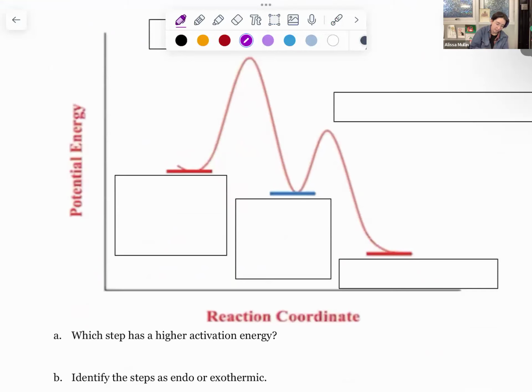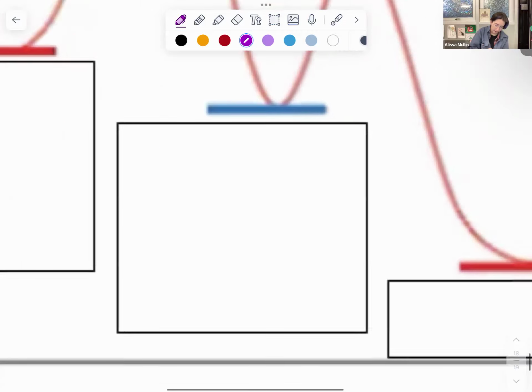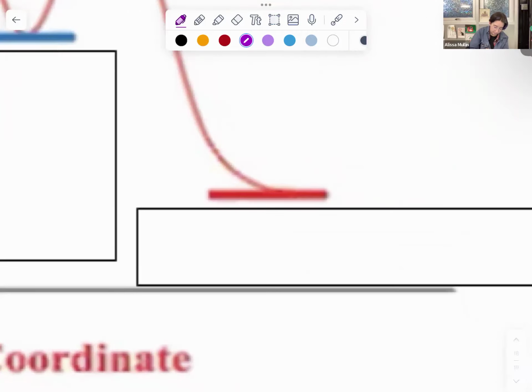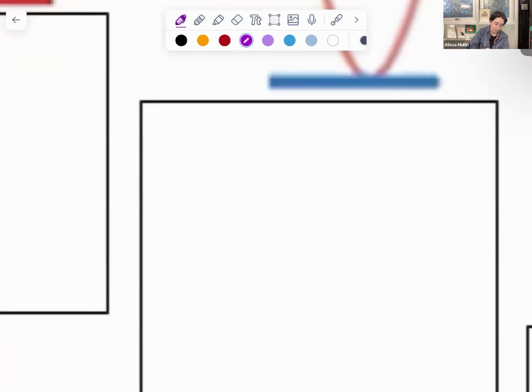On any reaction profile, the starting place is always going to be your reactants, and the ending energy is going to be your products. Then you have this other flat part in the middle, which is where your intermediates' energies are represented.